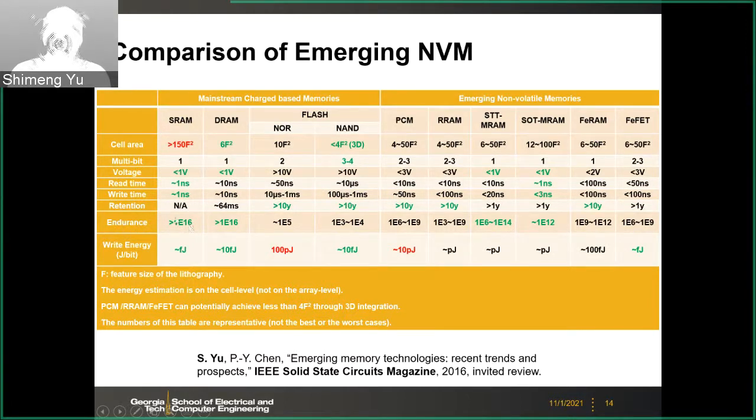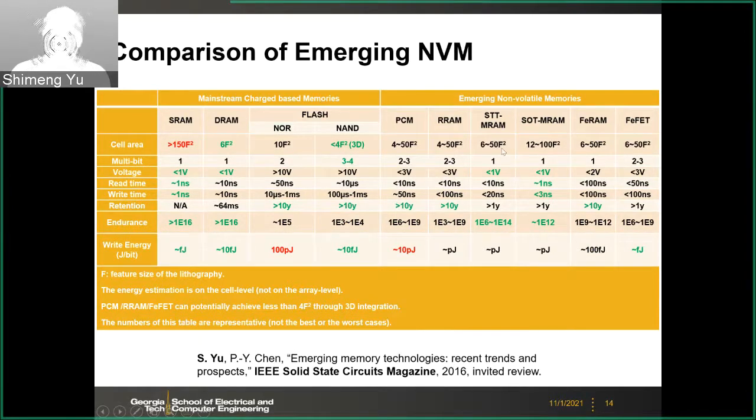This is estimated for a 10-year lifetime. If every few nanoseconds you write once, then you will get like 10 to the power 16. And the non-volatile memory generally is somewhere between the flash and the SRAM and DRAM, typically like 10 to the power 6 or 10 to the power 9.